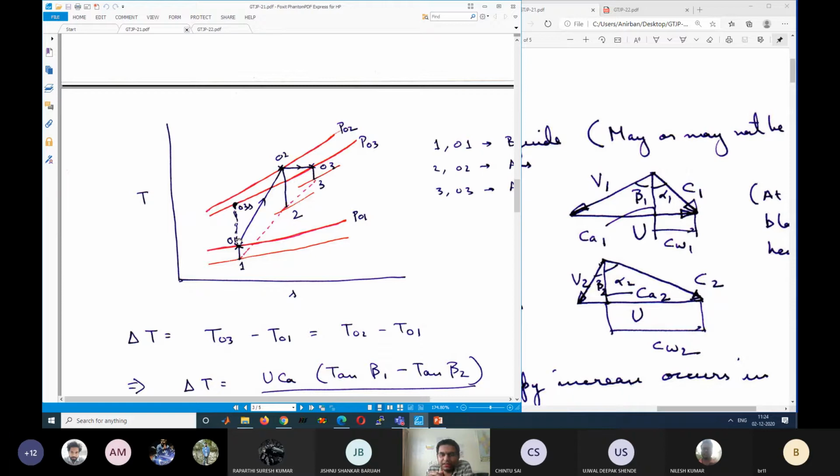Now this energy can be increased in terms of kinetic energy as well as static energy, but the net result is that stagnation energy is increased. Stagnation enthalpy is increased, and you can just use the first law to calculate that. The first law will give you H02 minus H01 is equal to W, where W is the work input.